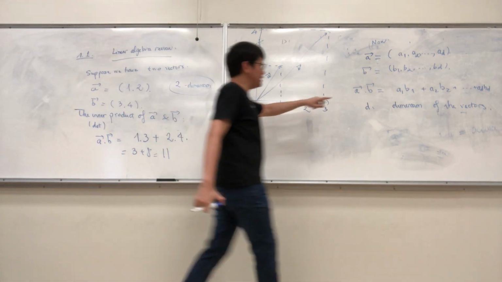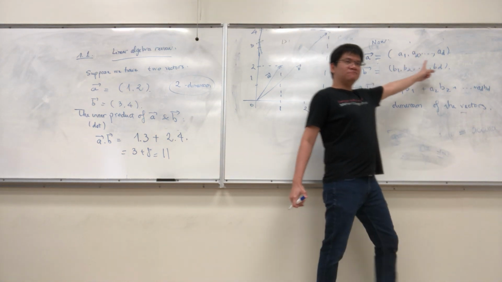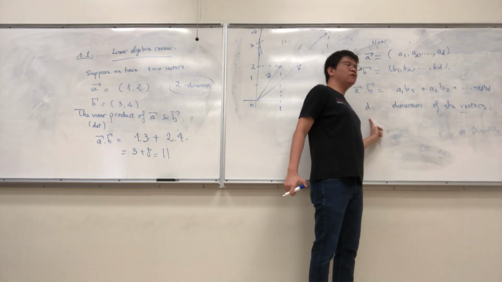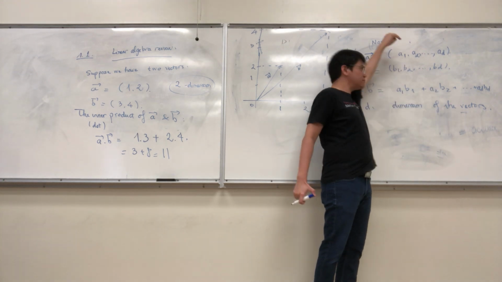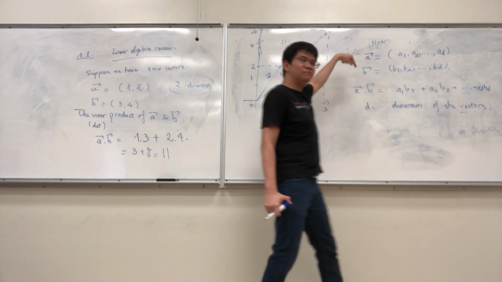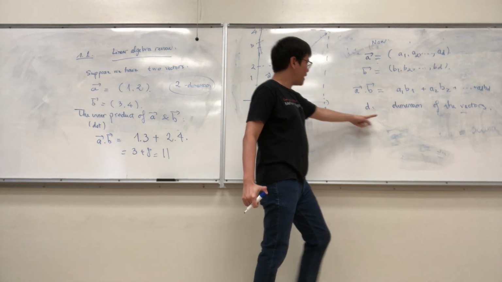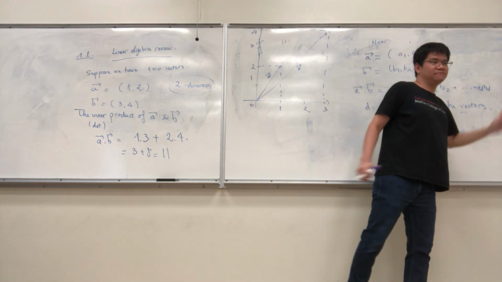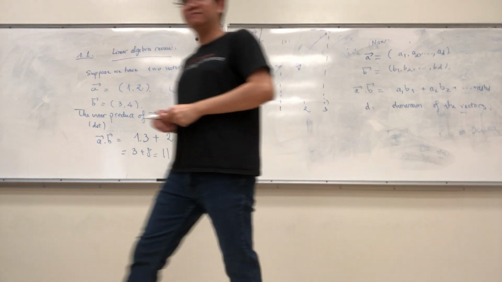Now suppose that A has D coordinates, A1, A2, up to AD. So D will be the dimension of the vector A. All right. So you multiply 2 vectors A and B by multiplying all of the coordinates and you take the sum. It's clear? Questions?